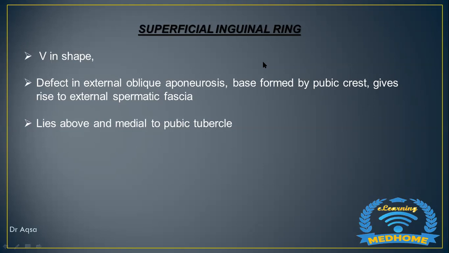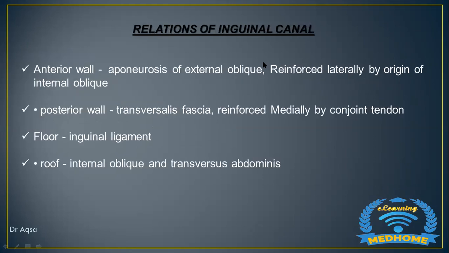Thank you, ma'am. So now we are going to study the relationships of the inguinal canal. As it is a canal, it will have 4 relationships. This is the deep inguinal ring, and this is the superficial inguinal ring. In between, we have the inguinal canal.